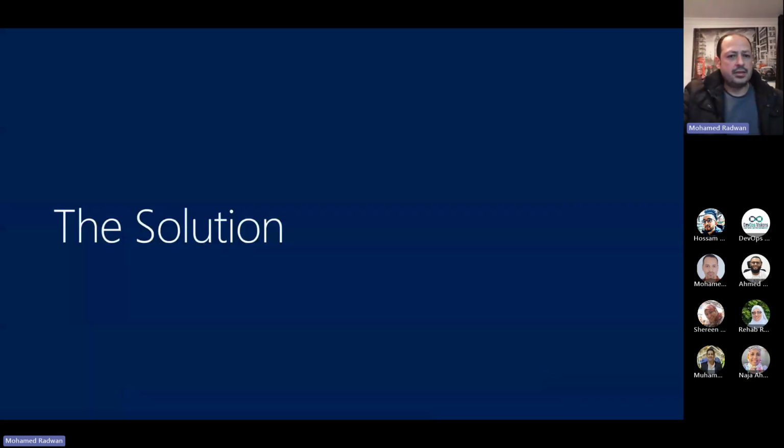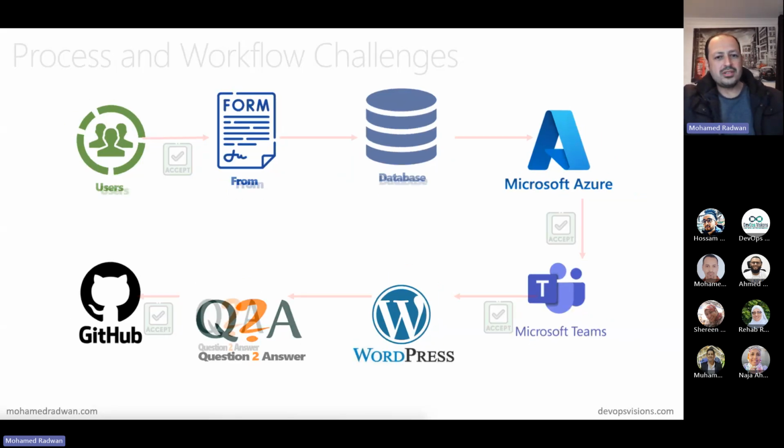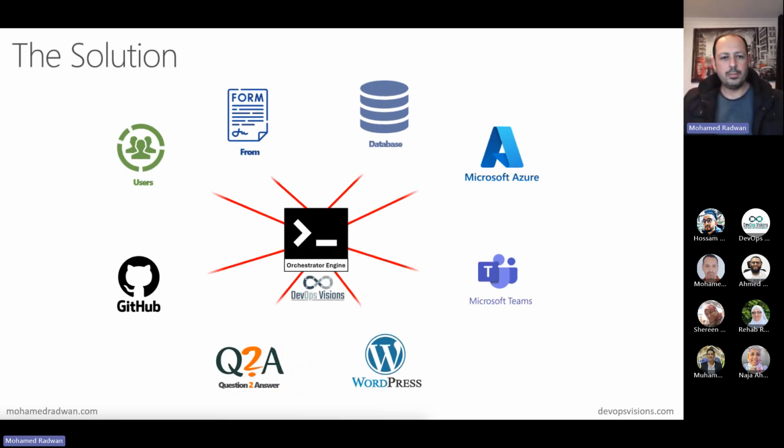And in order to do that, what we are trying to do is we think that we need to develop an orchestrator framework, and we are calling that the orchestrator engine. This will be a main open source tool that can handle all these kinds of activities with several platforms.